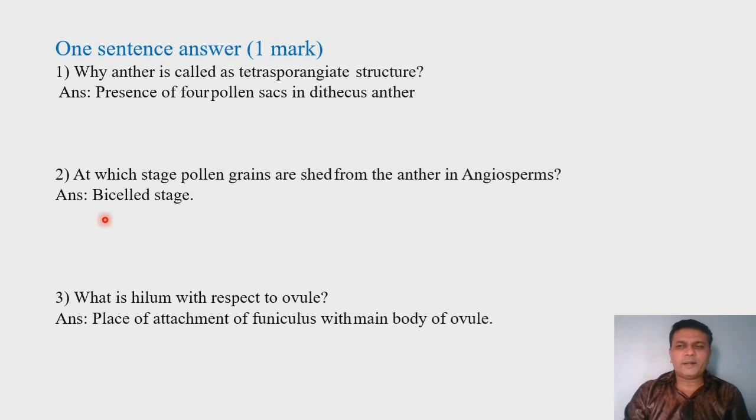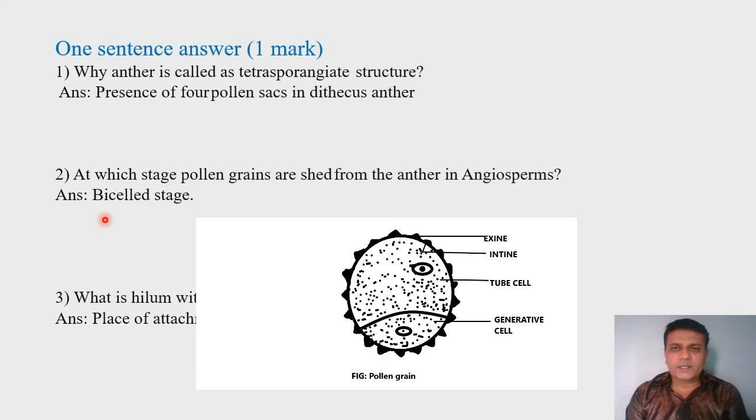Then second question is, at which stage the pollen grains are shed from the anther in angiosperms? Now you know that the anthers produce pollen grains, and these pollen grains come out of the anther at two-celled stage. Here we can see the two-celled pollen grain, in which larger tube cell containing tube nucleus and smaller generative cell containing generative nucleus.